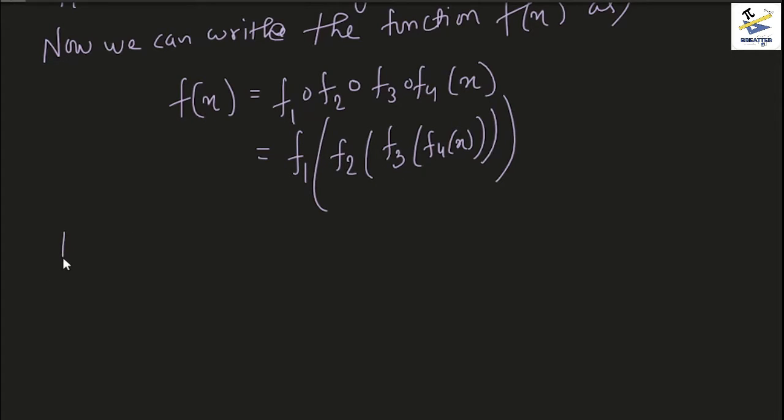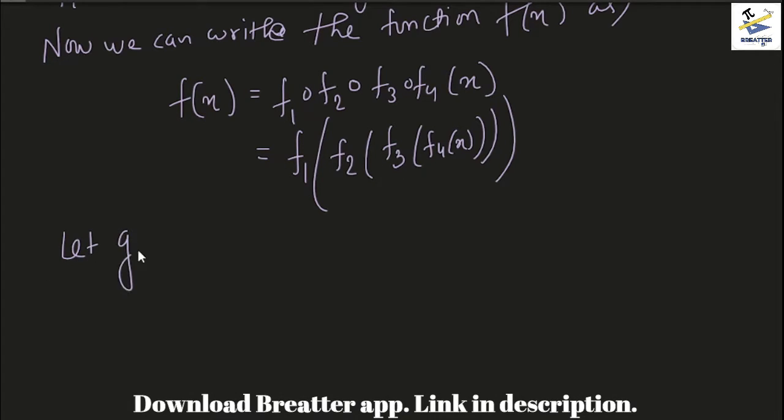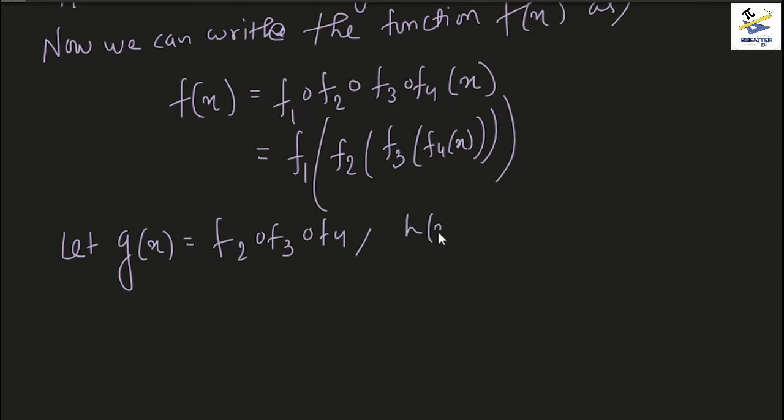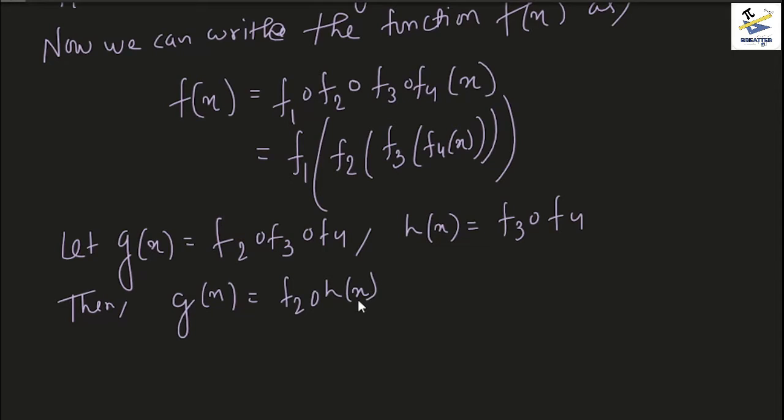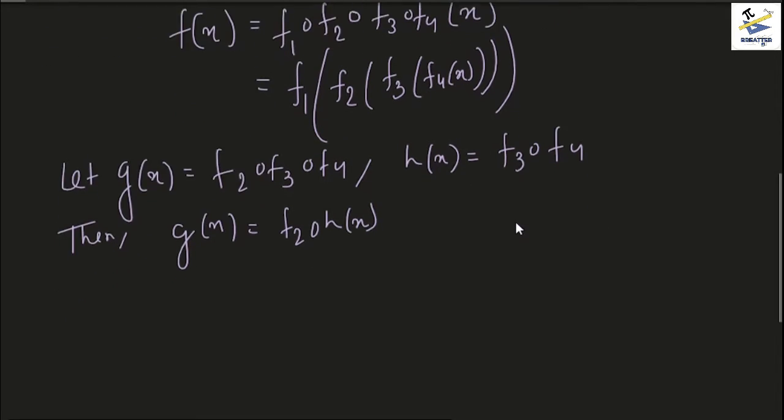So let g of x equal f2 f3 f4 and h of x equal f3 f4. Then g of x is also equal to f2 composition h of x, right? So we first basically would start with h of x.